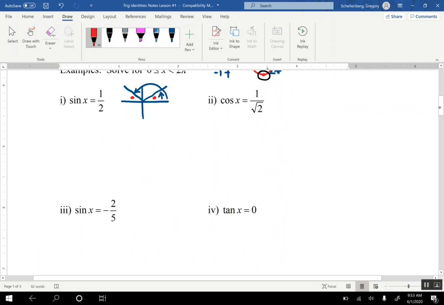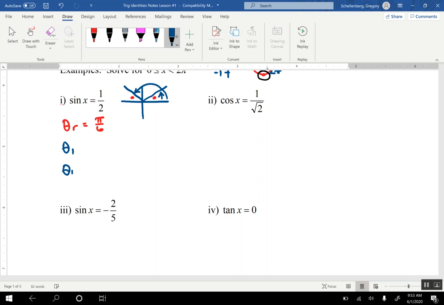So I'm going to jot this down here. This is our reference angle. Our reference angle is pi over 6, and we'll use that to find what I will call theta 1 and theta 2. That's the angle that exists in quadrant 1 and the angle that exists in quadrant 2. Now, the angle in quadrant 1 is going to be the same as the reference angle, so it is pi over 6.